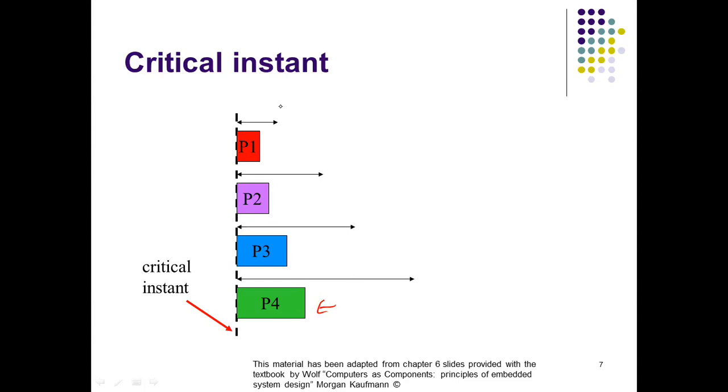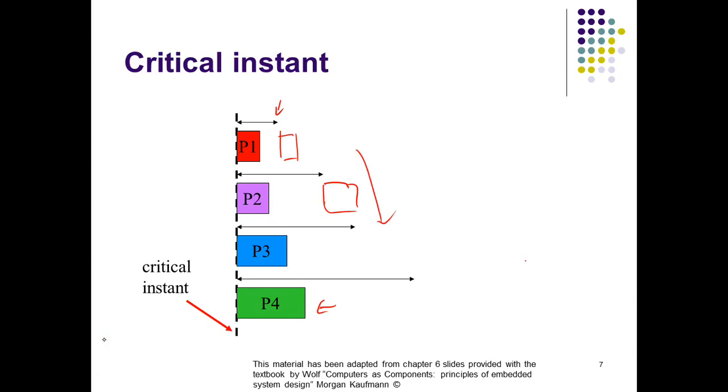Now each process has a different period. So at the end of this period, process 1 is going to run again. At the end of the period, process 2 is going to run again. And if we just have fixed priorities, then they're going to run the instant they can, down this hierarchy.